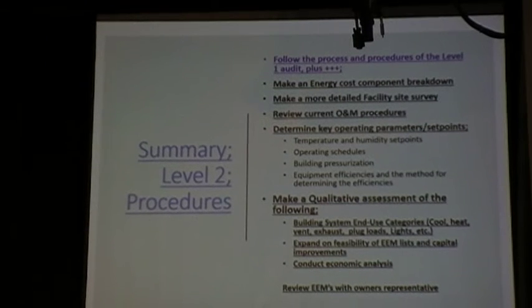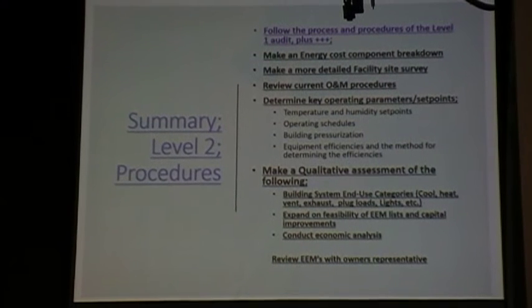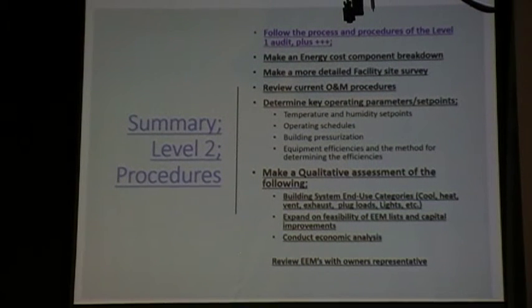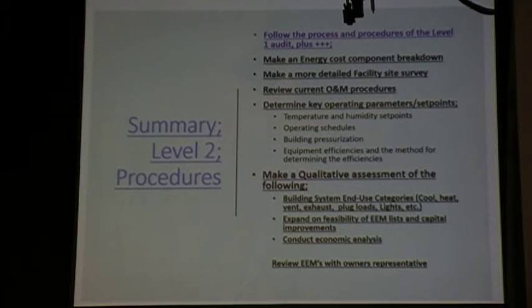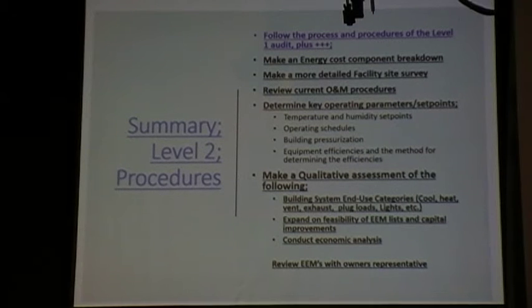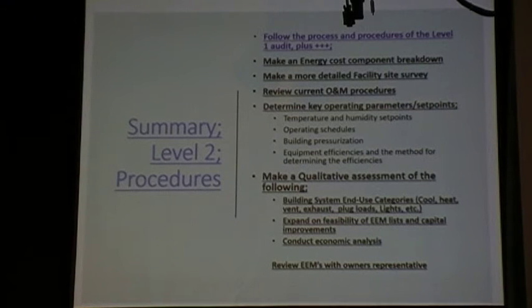And then you're going to have to perform some economic analysis, right? So we have a lot of those to choose from. Level 2 is kind of like a middle level, and so you can use a lot of the most common economic analysis types, and we'll go through those in a little while.